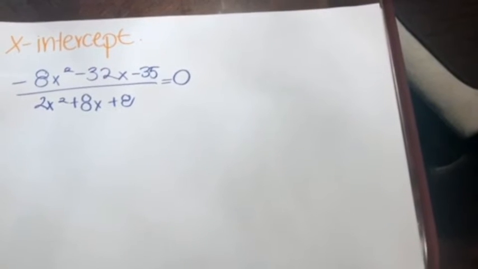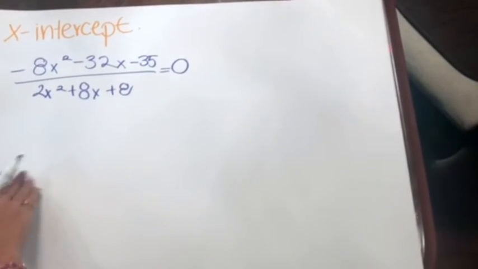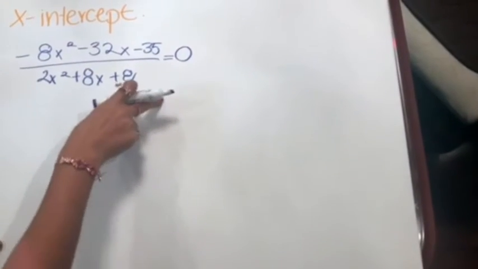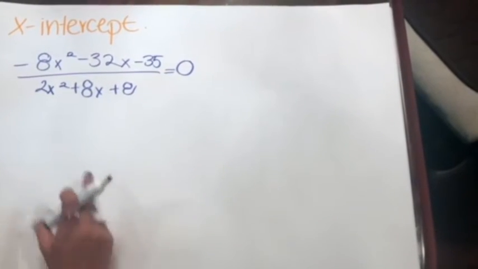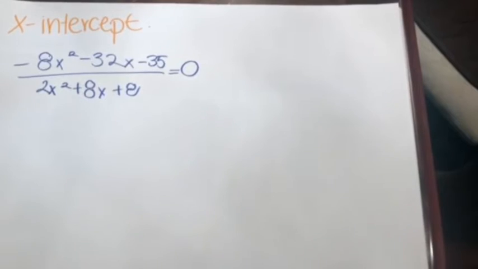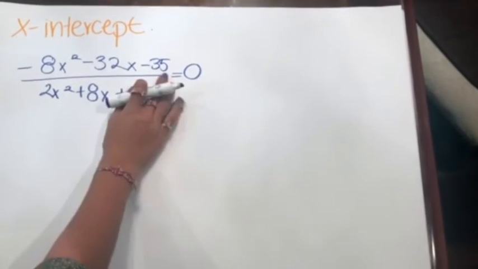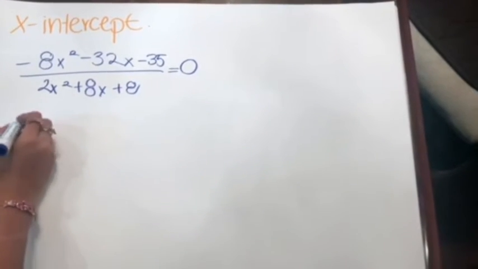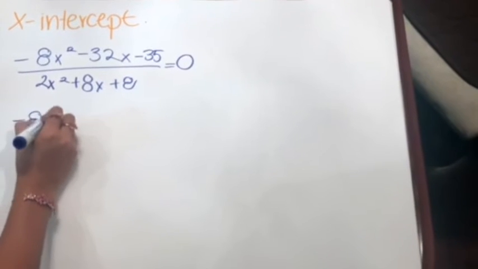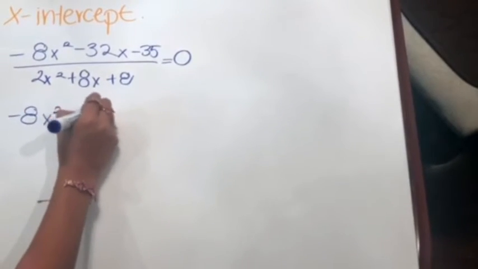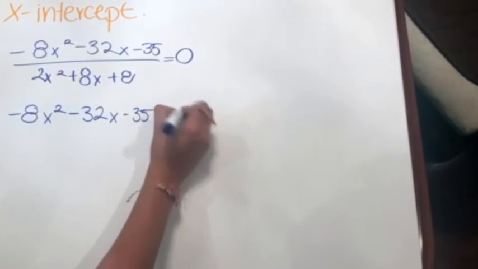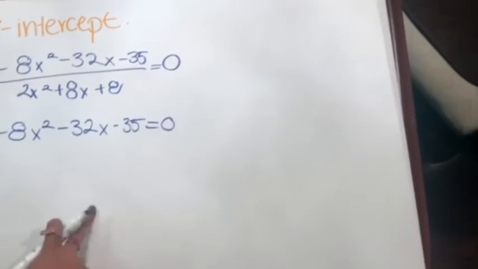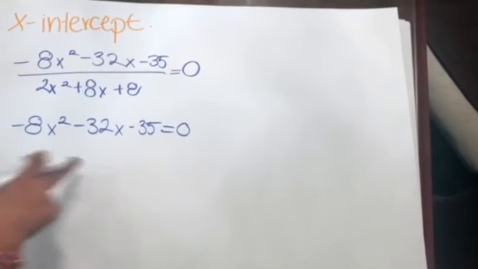To get this, at the end we're going to get the denominator times 0, so it will cancel. So we're going to equal only the numerator part, which would be minus 8x squared minus 32x minus 35 equal to 0. And then we're going to isolate this one.